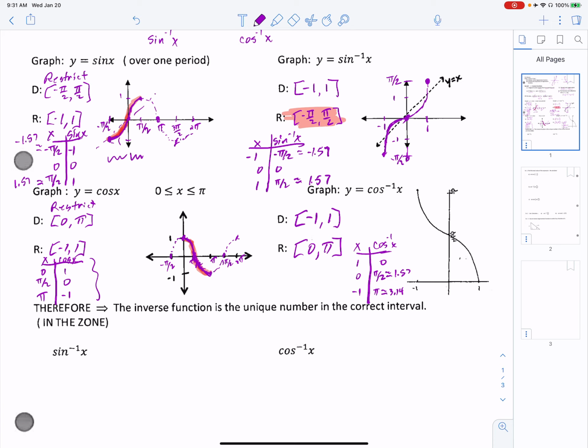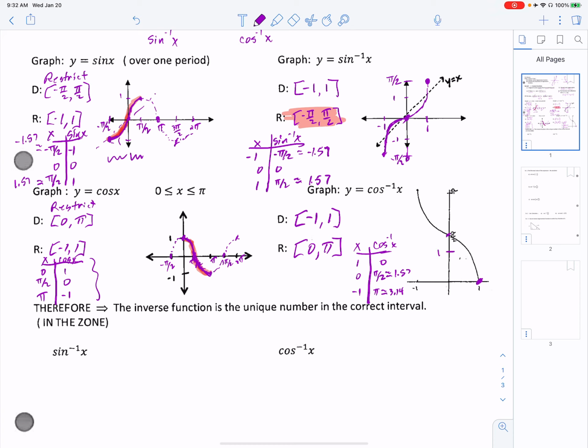And when this gets reflected over the x-axis, since this original part is concave down, well, it doesn't work quite that way. Sorry on that. So when we go to graph this, you have to plot those points. So you are at 1, 0, and 0, 1.57, pi halves. So that's 1.57 approximately.